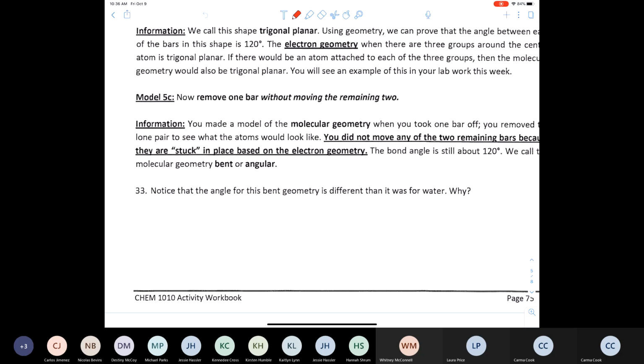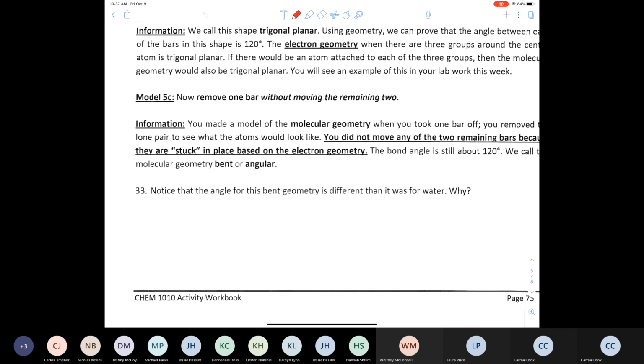You should have also seen that the molecular geometry for water is also bent. But for ozone, the bond angle is much larger than for water. Ozone's bond angle is 120 degrees, whereas the bond angle for water is only 109 degrees.